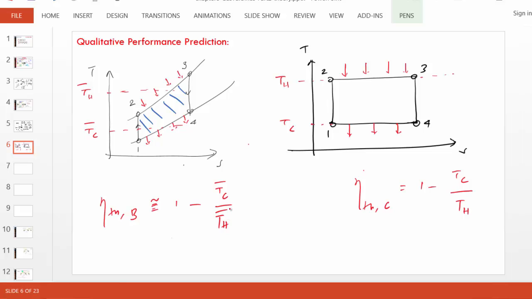For a Carnot cycle, we know this is an exact formula, 1 minus Tc over Th. Th is where Q dot in occurs, Tc is where Q dot out occurs in a Carnot cycle. Whereas in a Brayton cycle, Q in occurs at a variable temperature from 2 to 3, and we are saying maybe there's an effective average temperature, Th bar.